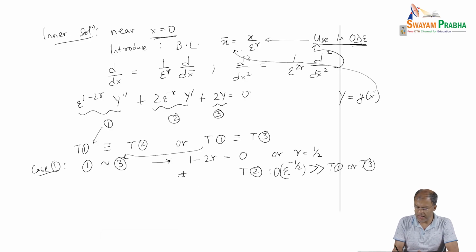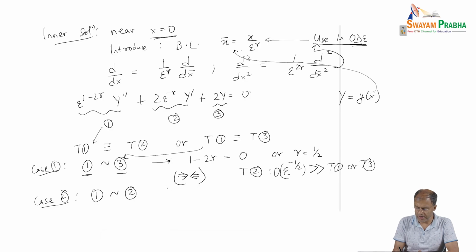So we have found an inconsistency, which means we cannot compare term number 1 with term number 3. We then choose the other case, matching term number 1 with term number 2.